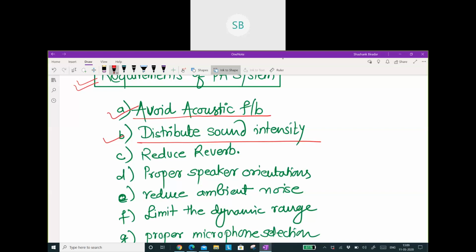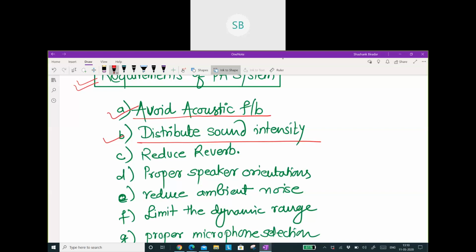The high frequency signals are attenuated more as they travel a longer distance compared to the low frequency signals. So as we move away from the loudspeaker, we have to consider the concept of loudness.